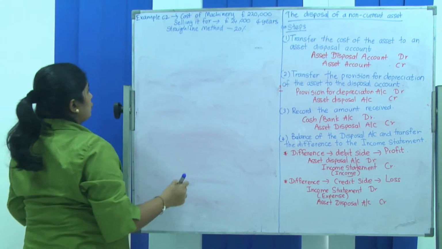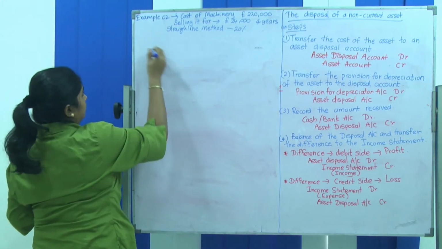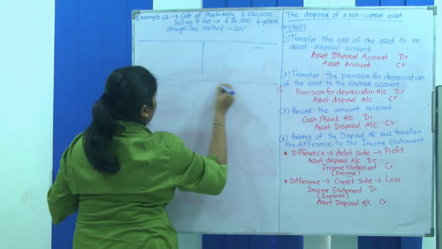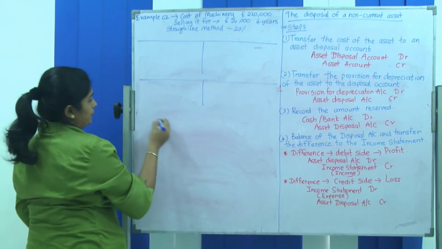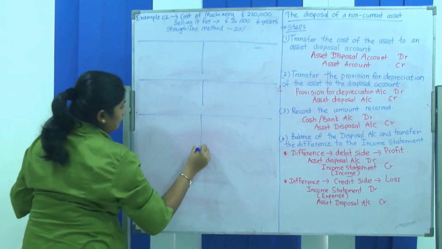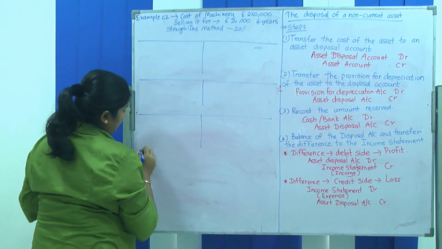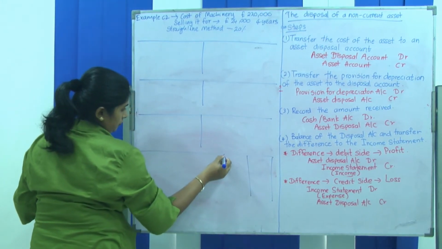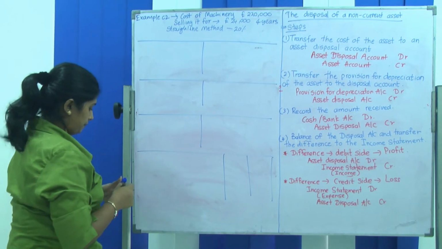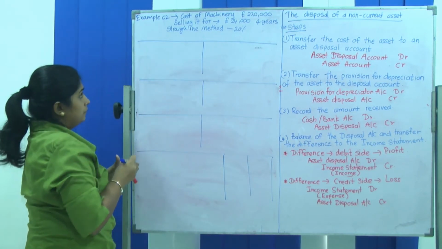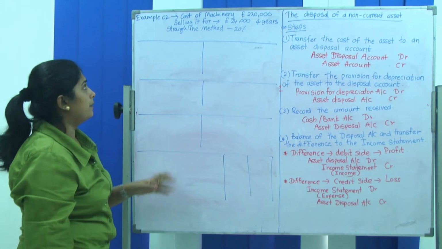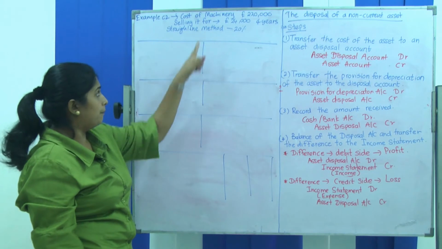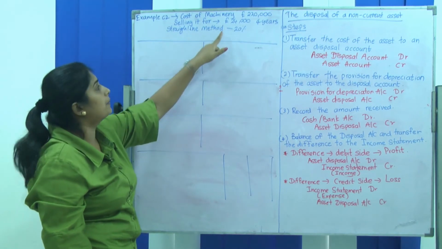Now you have to show the entries in the machinery account, provision for depreciation account, machinery disposal account, and in the income statement. According to this sum, they have given the cost of the machinery, the selling price of the machinery, and the method and the percentage.